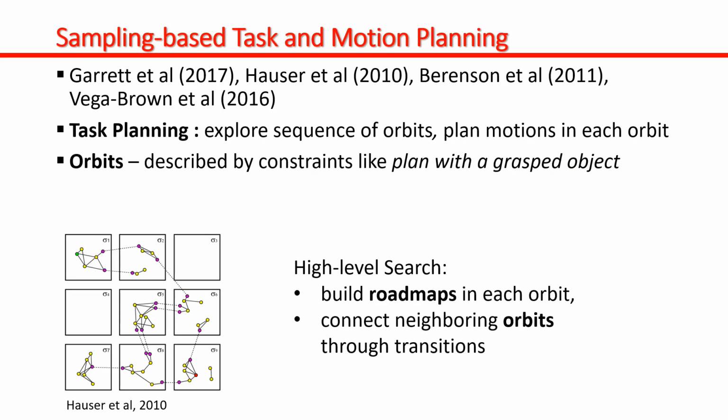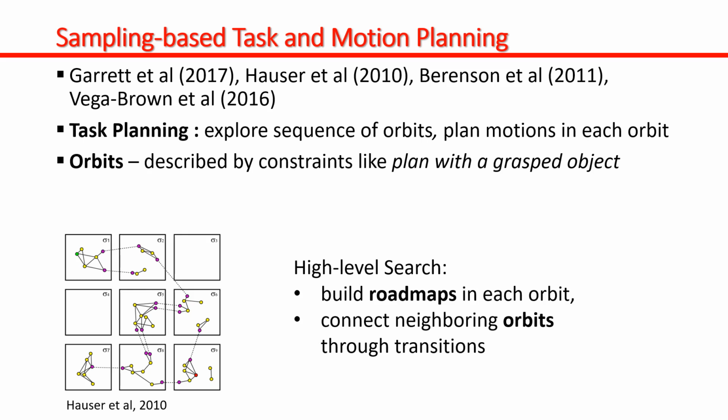Now, in terms of sampling-based approaches that have been devised for task and motion planning, lines of work that have been done in the past have tried to break the problem into a high-level search over different planning subspaces that need to be traversed to reach the task goal. And within each such subspace, there is an exploration of different ways to move the robotic system.